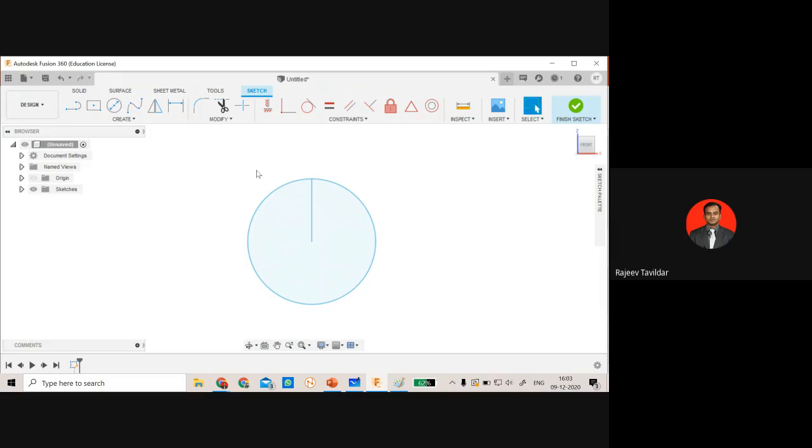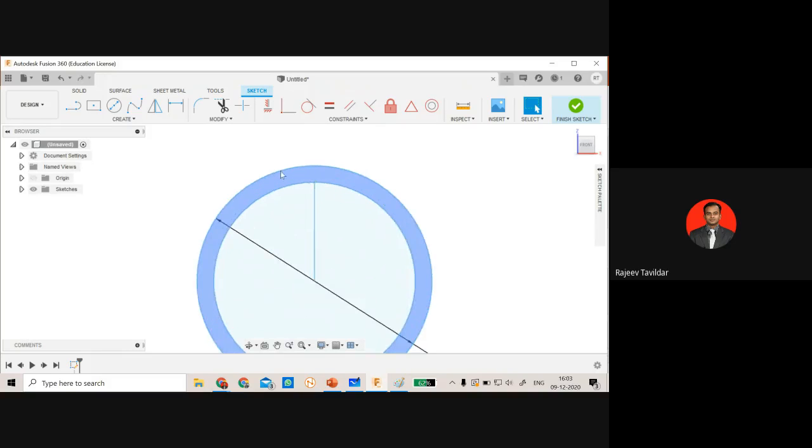Let us do one thing. We'll draw one more circle now, whose diameter is not 60 but 65. I'm sorry, I think 70 I'll take. So I've drawn one additional circle whose diameter is 70.